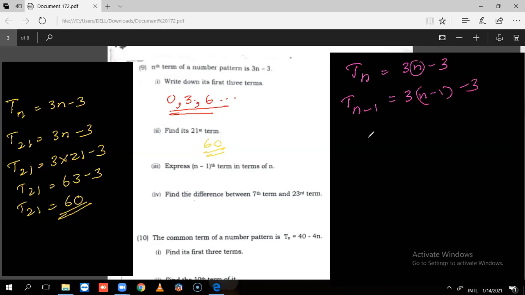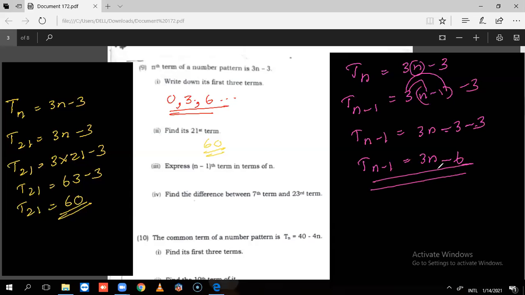Tn minus 1 equals 3n minus 3 minus 3, that is 3n minus 6. So this is the answer. The general term, the n minus 1 term, Tn minus 1 equals 3n minus 6.